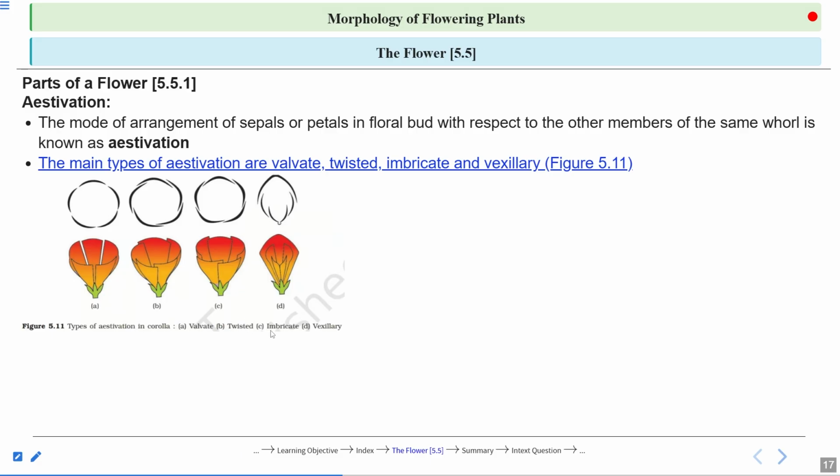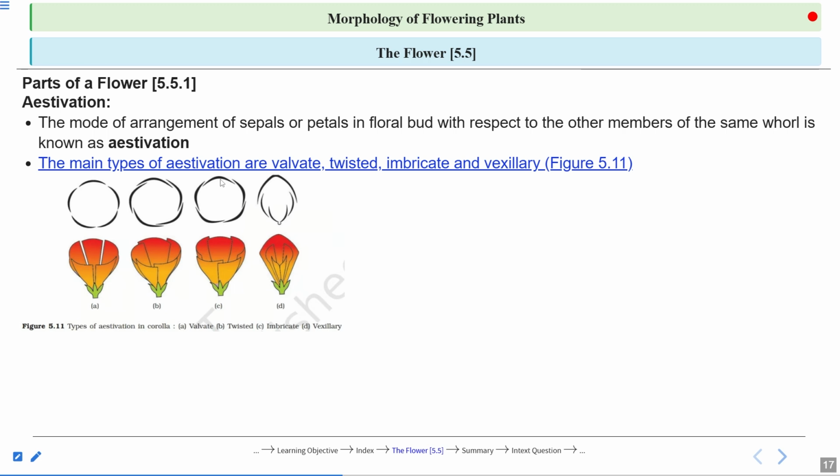Coming to the imbricate estivation. See, this is not a very regular type of estivation as we see in the case of twisted. See here, this is upward, this is downward. If we start from here, this is downward, this is upward.